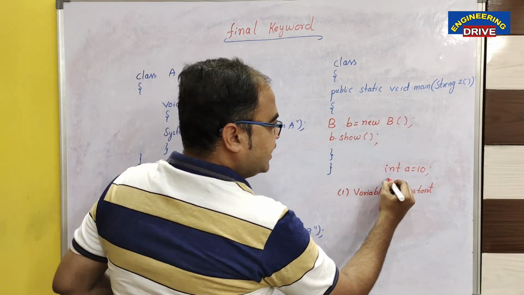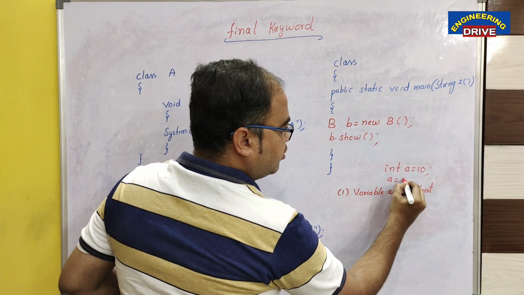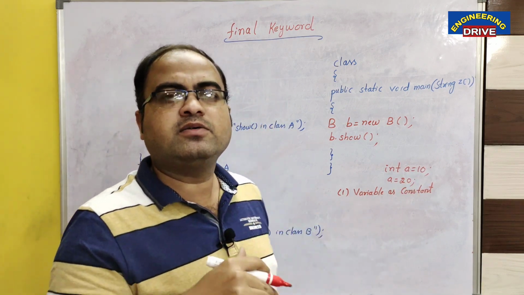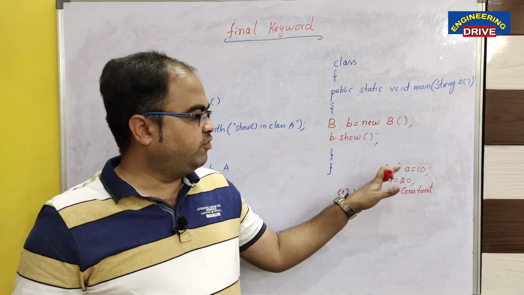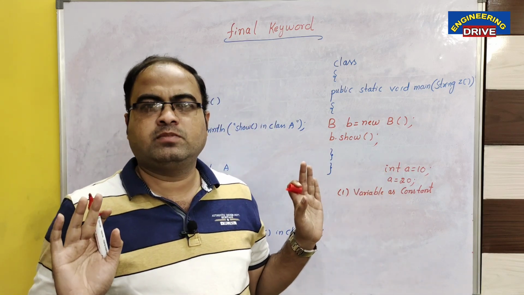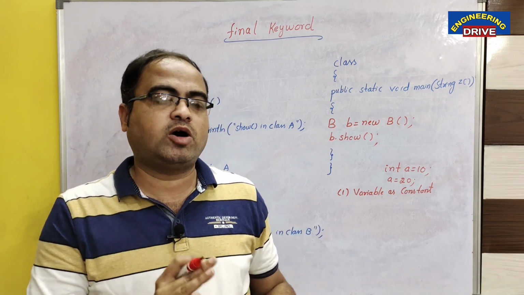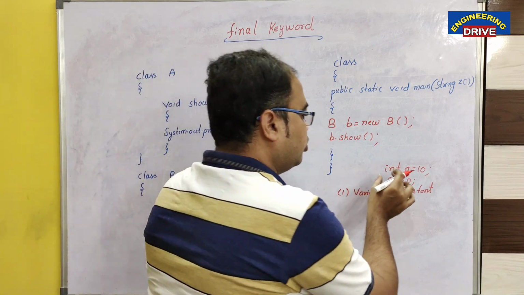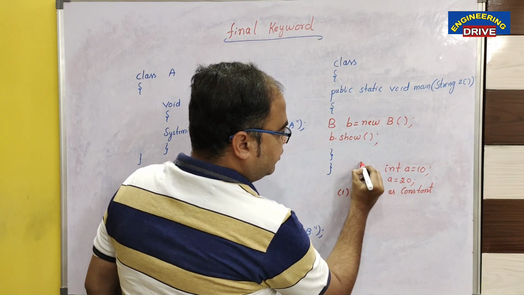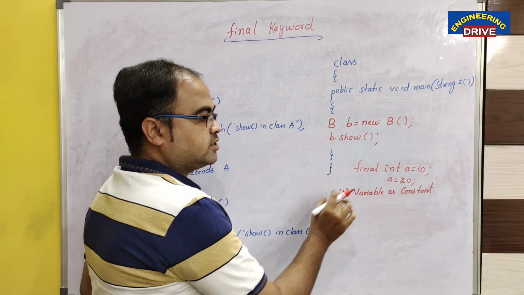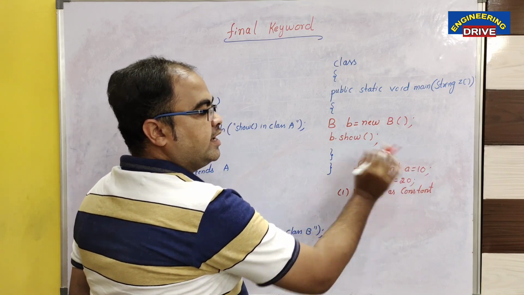Immediately in the next line we can change the value of a also, like to 20. No problem, because a variable means varying, which can change. A variable value we can change at any time. But if you want to make this variable value a fixed one or constant one, then before the data type we can make use of a keyword. Which keyword? Final, in lowercase letters. Final int a is equal to 10.